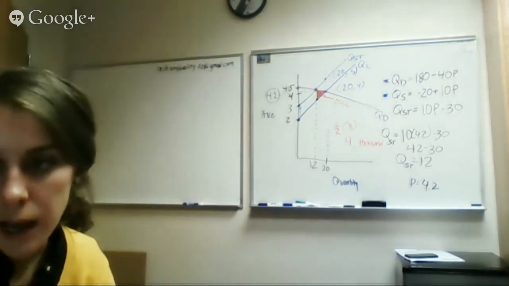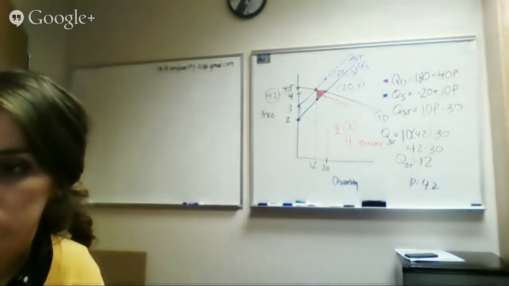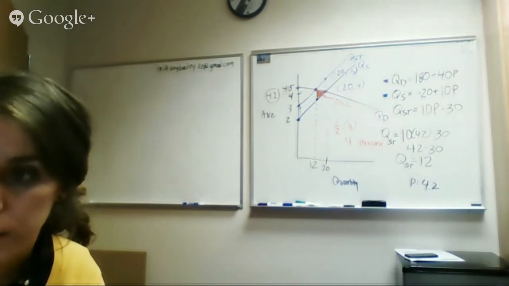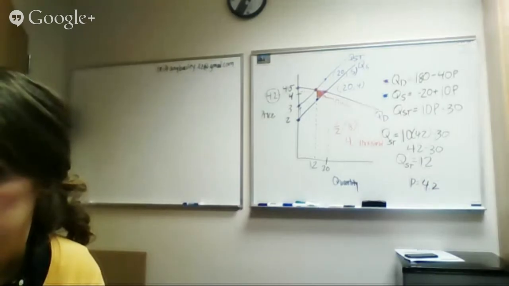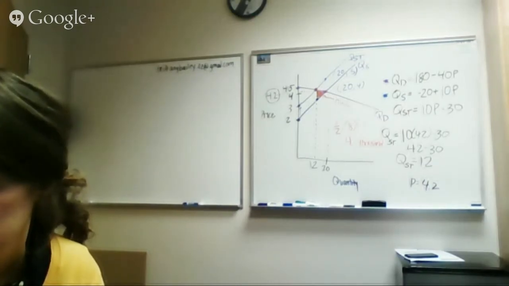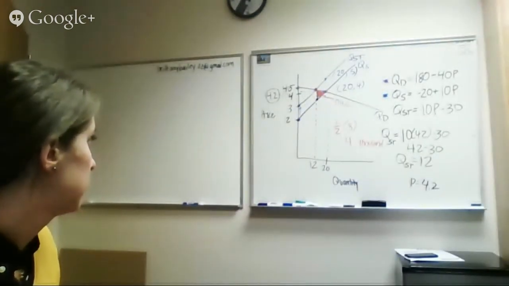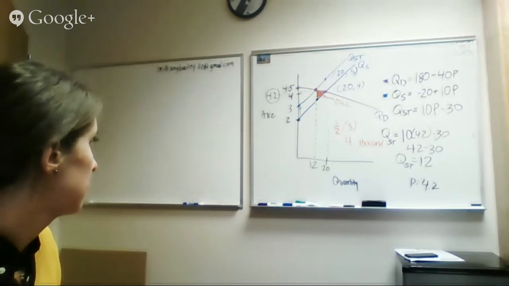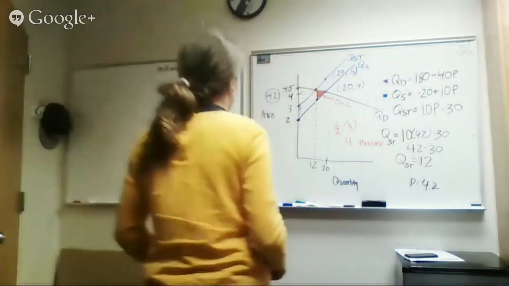How much of the tax do producers pay, and how much of the tax do the consumers pay? So who bears the burden of this tax? Well, they share. Yeah, the consumer is going to pay more than the producer.